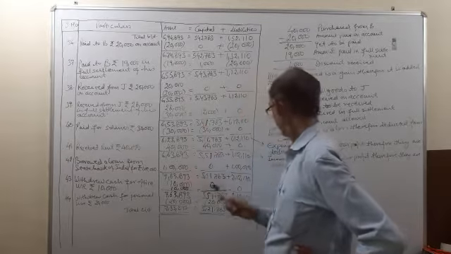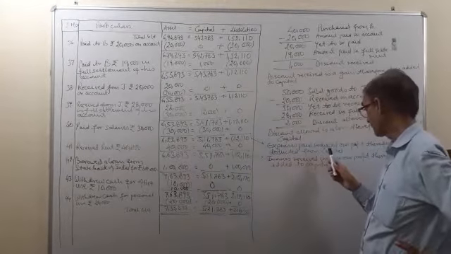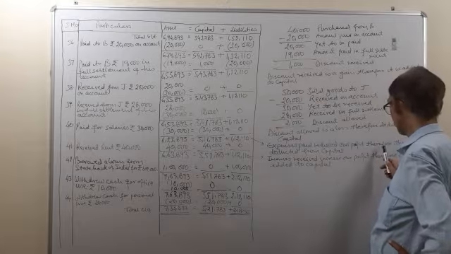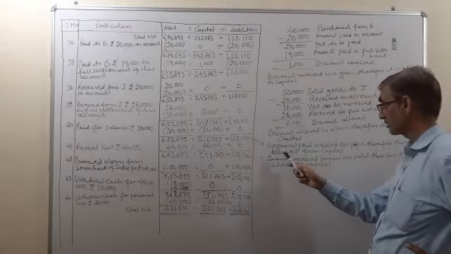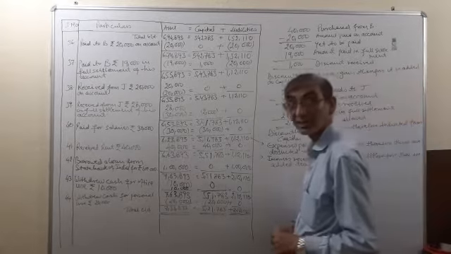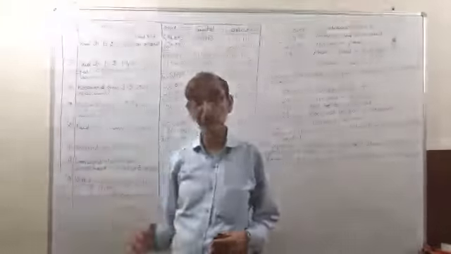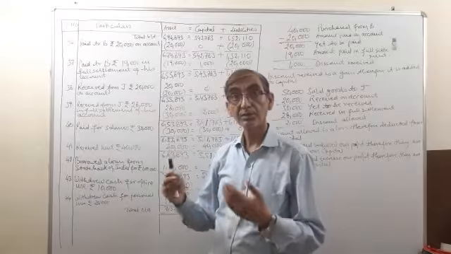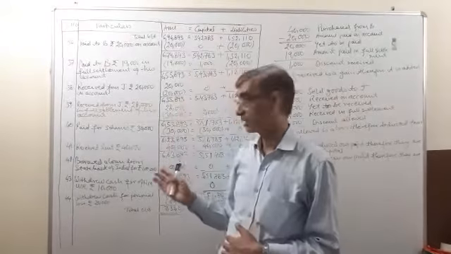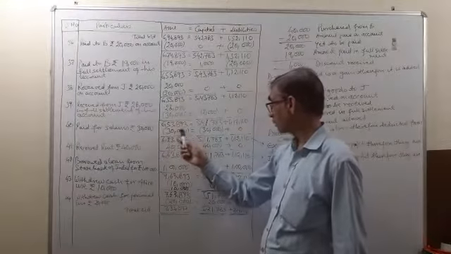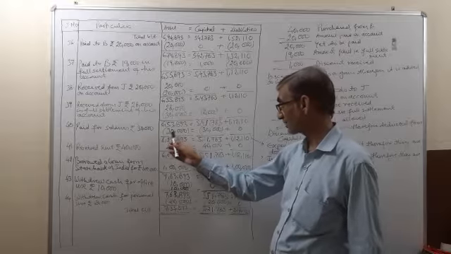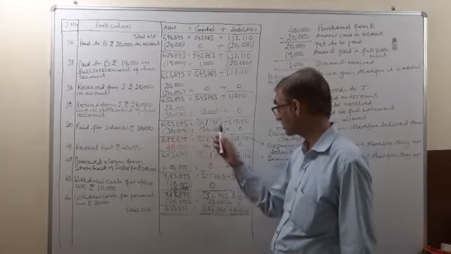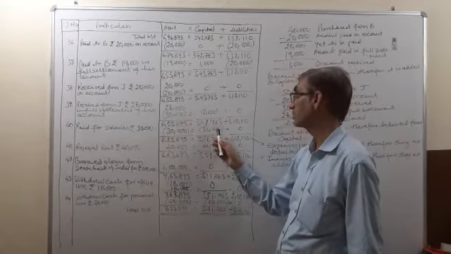Now whenever an expense is paid, it reduces our profit, therefore it is deducted from capital. Expenses lead to deduction in the profits, and deduction in the profits will be subtracted from the capital. So over here 30,000 has been subtracted from the assets and 30,000 will be subtracted from the capital.